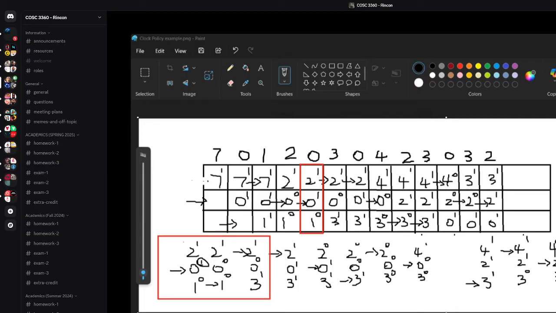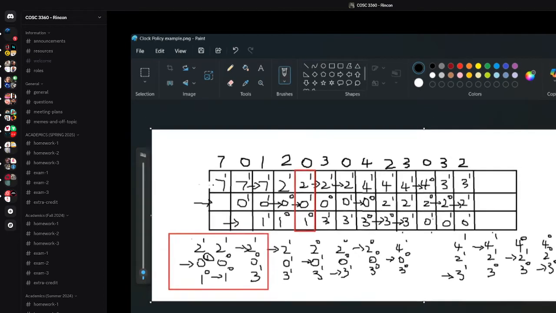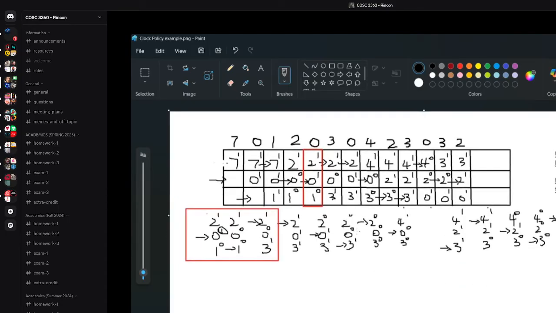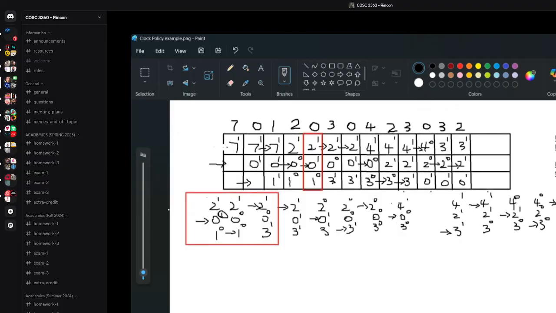Hang on. I had a quick clarification. Whenever you're inserting a number that already exists, you're just updating the use bit, but I see that the pointer is already on it. Suppose there's a scenario where the pointer isn't on that number. Can you still just update the use bit, or does the pointer need to be there for you to update it? Yeah, very good question. Here are some examples.